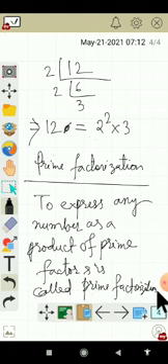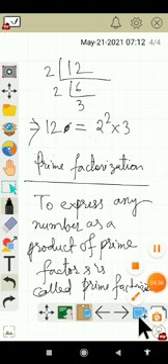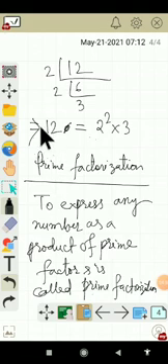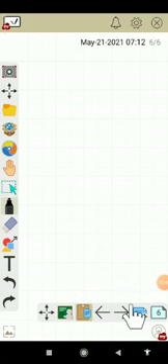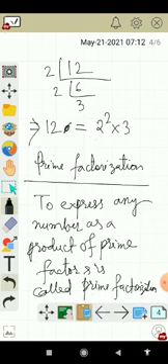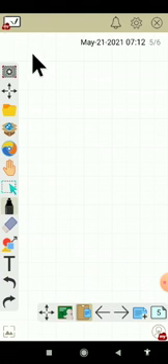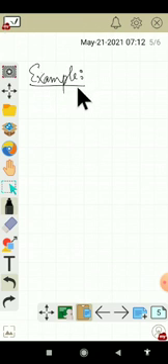Next we will see how to represent any number in the prime factorization method. So suppose we take the example 36.